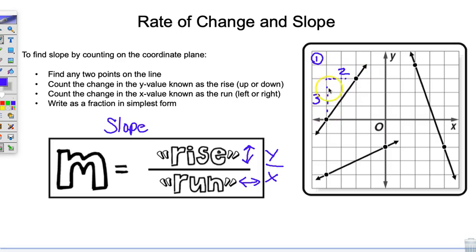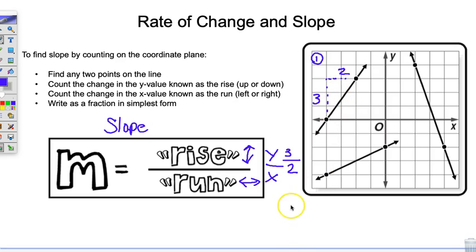Do you see what I mean when I say we move at a 90-degree angle here? So this movement right here, it forms a 90-degree angle. Since I moved up 3, my rise is going to be a 3, and my run is going to be a 2. So the slope for this first line here is 3/2.